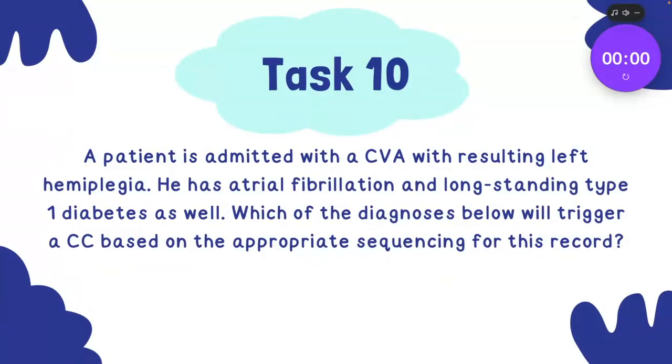And we know that it would be the CVA. And then the secondary diagnoses would be hemiplegia, the atrial fibrillation, and the diabetes. So of those three, hemiplegia, atrial fibrillation, and diabetes type 1, what would be the CC?